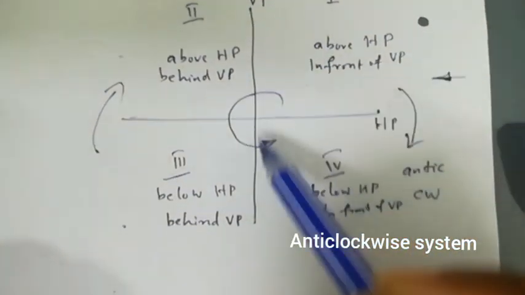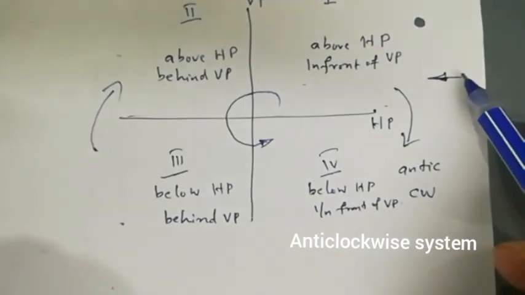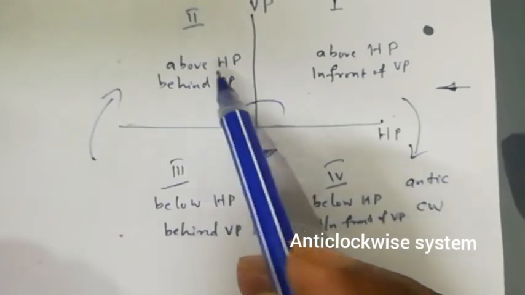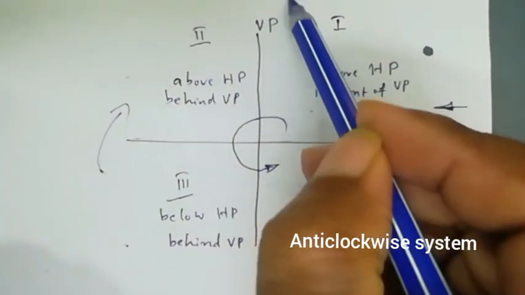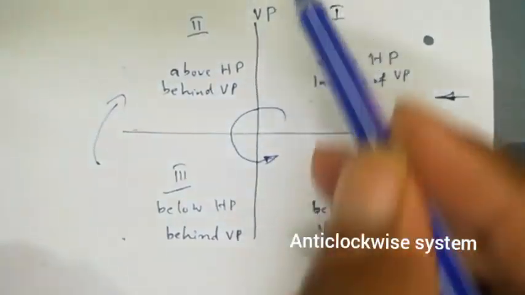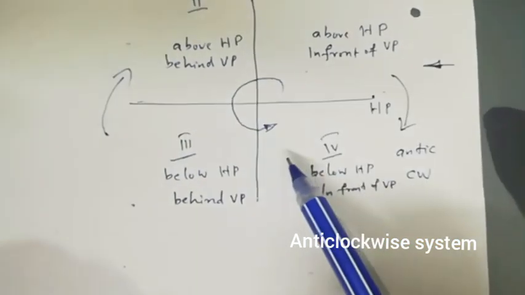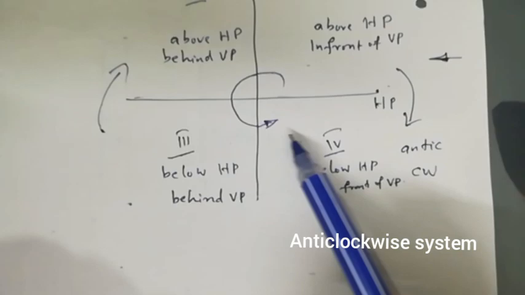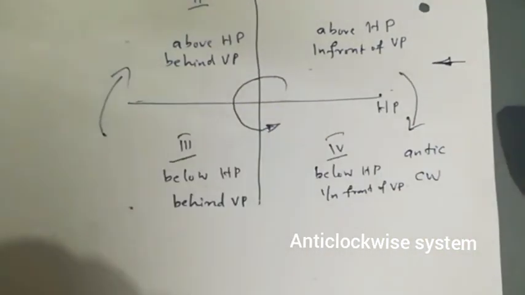Now all these planes are transparent. A person looking from this side can see any point here. For a person looking from the top, for obtaining the top view, he can see third quadrant as well as fourth quadrant. So today we will learn about quadrant system.